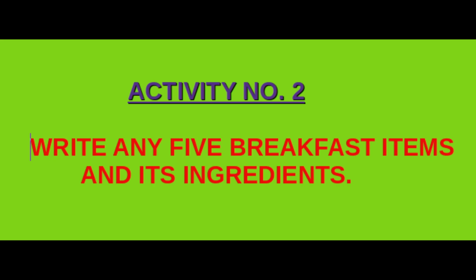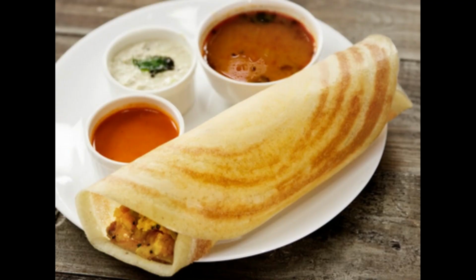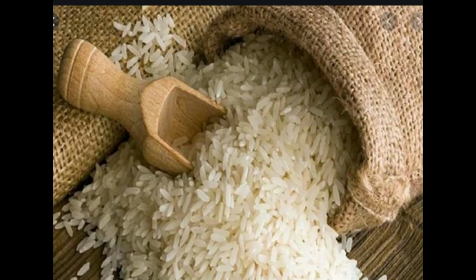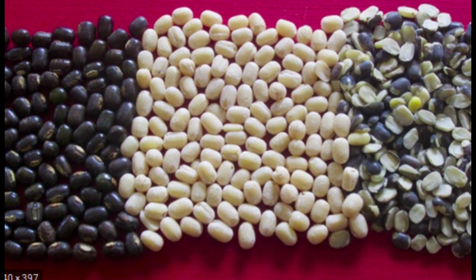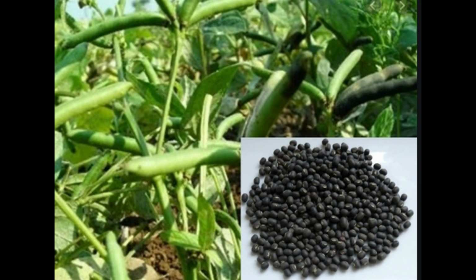Okay. Activity 2 in the worksheet will be helpful to you. It's a 3-column table. One has been done for you. That is dosha with the kadala curry. What are the components of dosha? It is made up of rice and black gram, isn't it? Then the kadala curry is made up of Bengal gram.